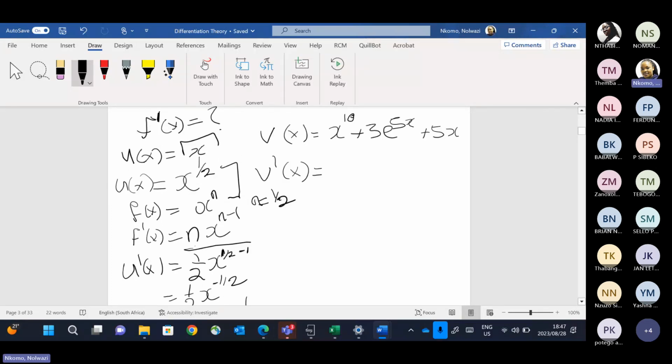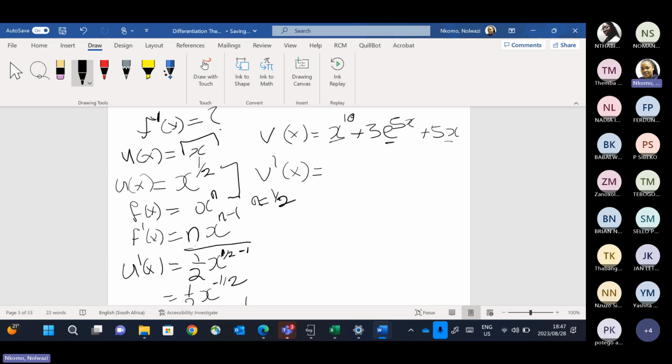Okay, and if our v at x is x to the power 10 plus 3 e to the power 5x plus 5x, here we'll apply a power rule plus a chain rule to obtain v prime at x, because we have these two functions. Here we'll apply the power rule, and here we'll apply the chain rule.